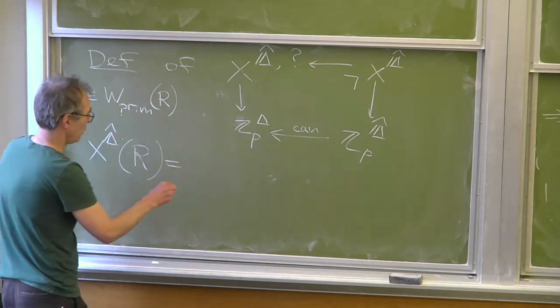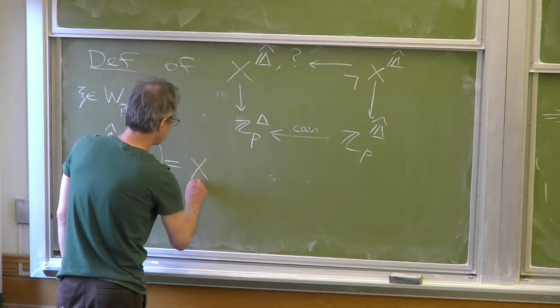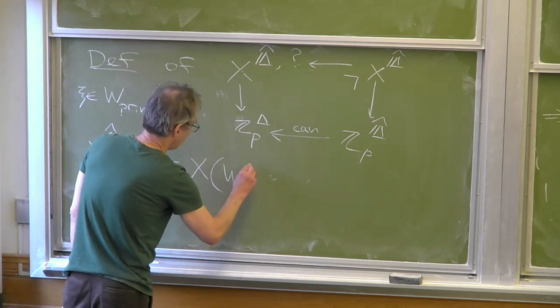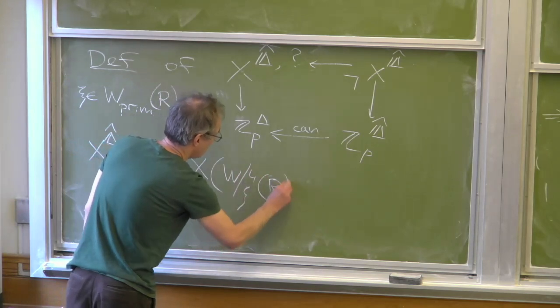So what you do, you look at X of W mod C of R. It's one.